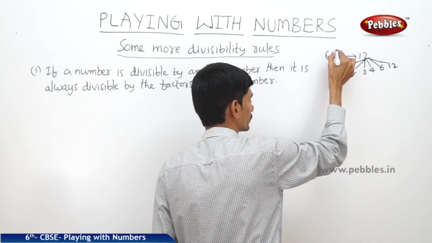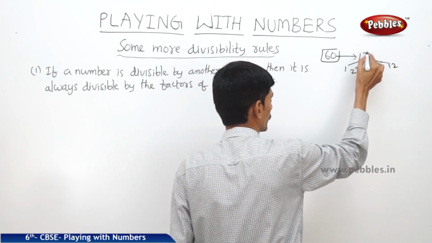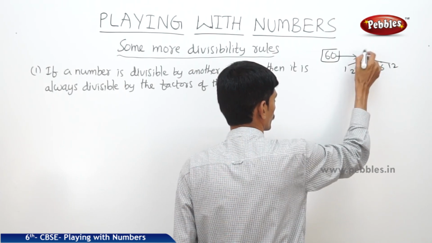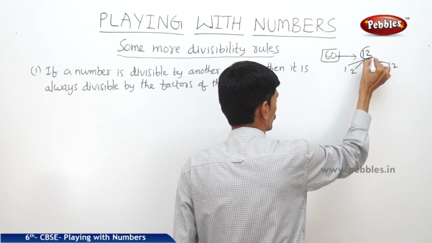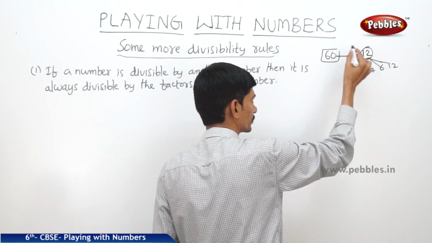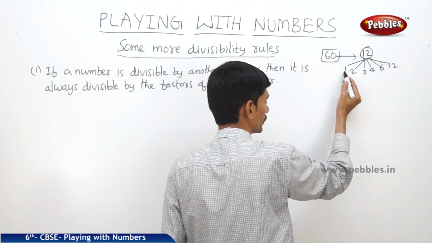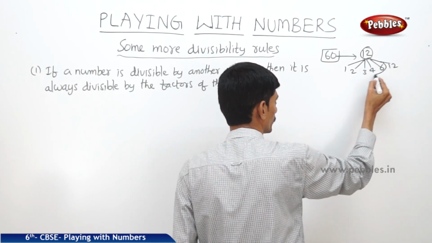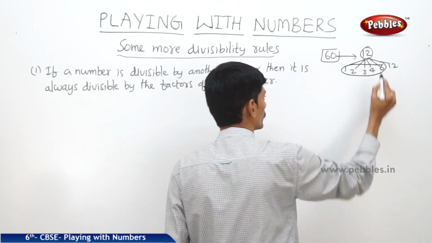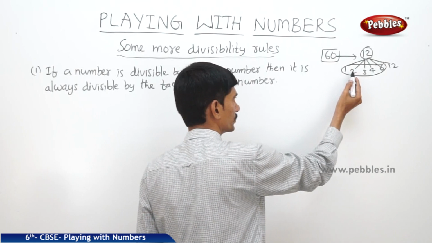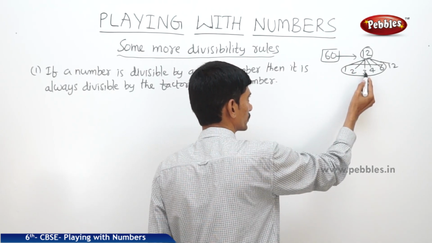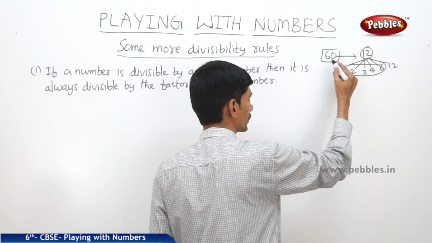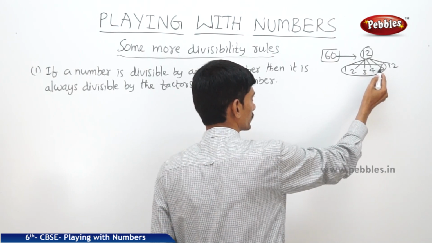So if the number 60 is divisible by 12, then 60 is also divisible by the factors of 12, 1, 2, 3, 4 and 6 other than 12. So here 1 60s are 60, 2 30s are 60, 3 20s are 60, 4 15s are 60, 6 10s are 60.